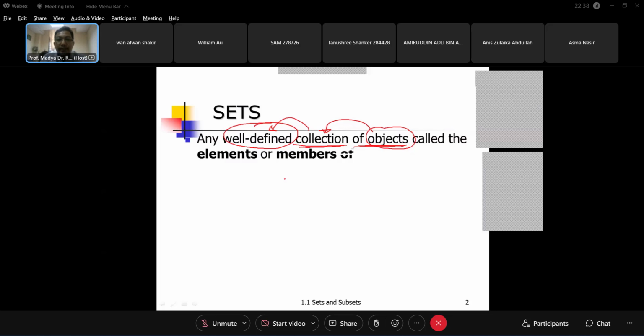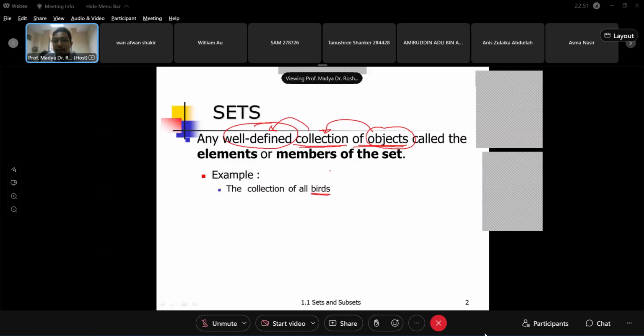For example, here, the collection of all birds. So we know what is a bird, and we can justify which type of bird if we do the collection of birds. This collection of objects we call members of the set. So for these objects we utilize the word member.